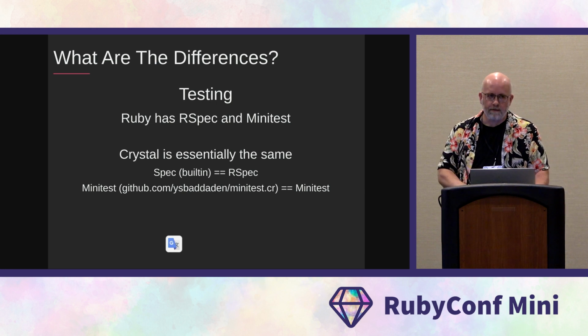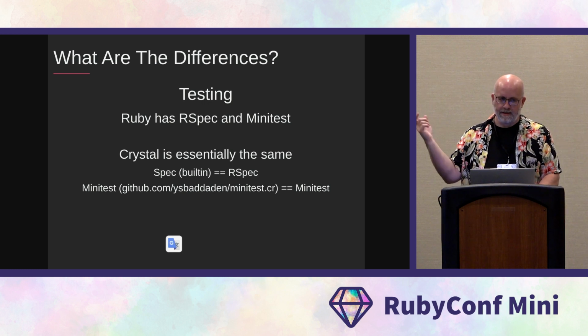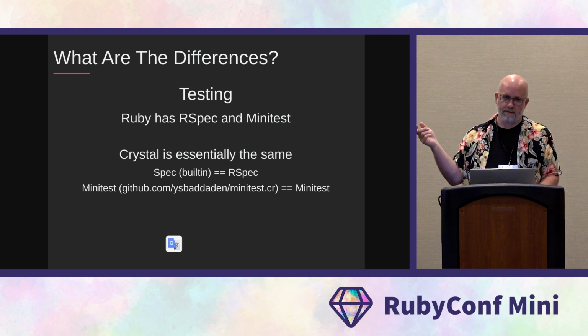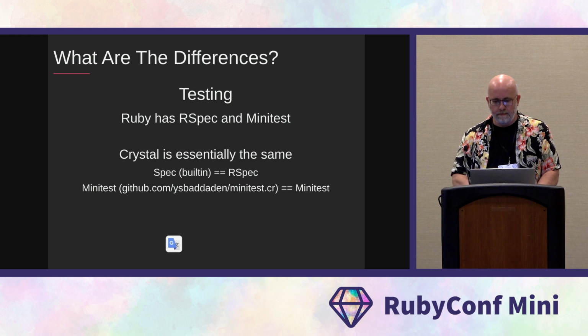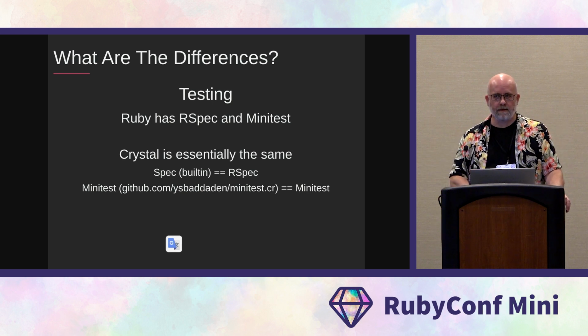Slight differences, but extremely similar. When you look at a Crystal spec, if you're familiar with RSpec, you can read it. And likewise, there is a Minitest that actually was implemented more or less as a direct port of Ruby's Minitest. And so if you like test unit style tests, that's available to you as well.